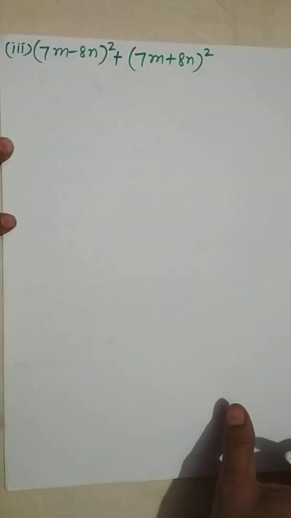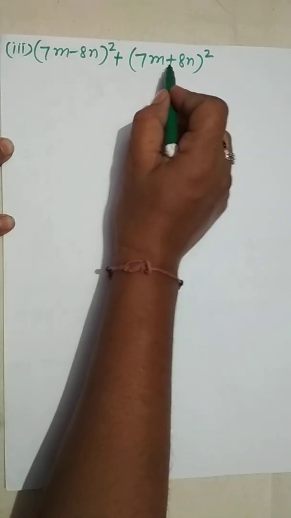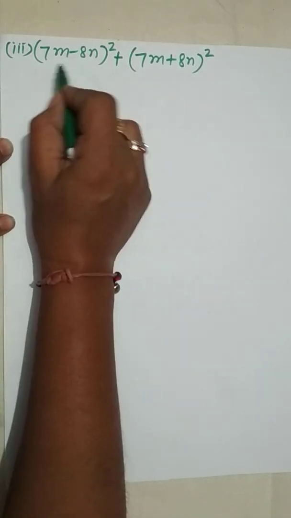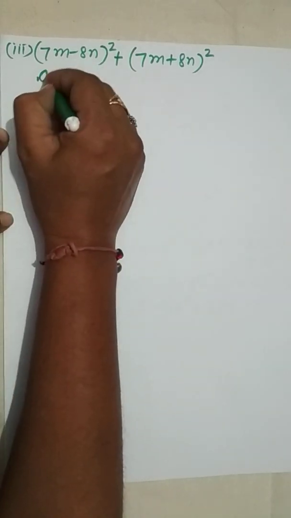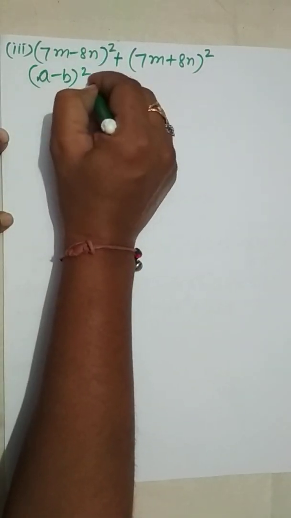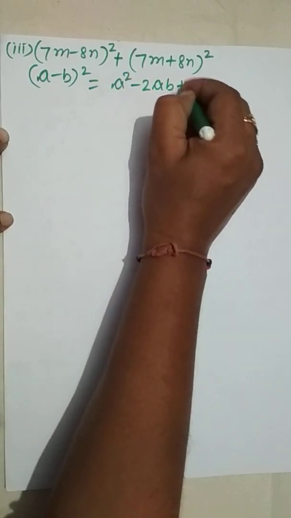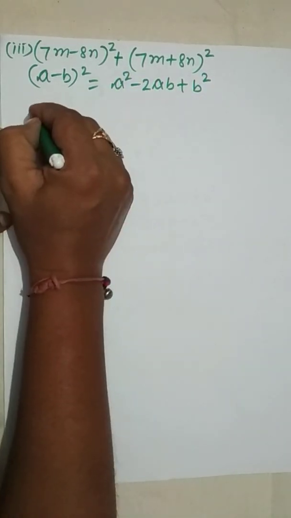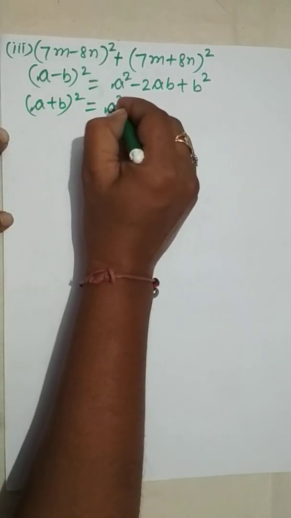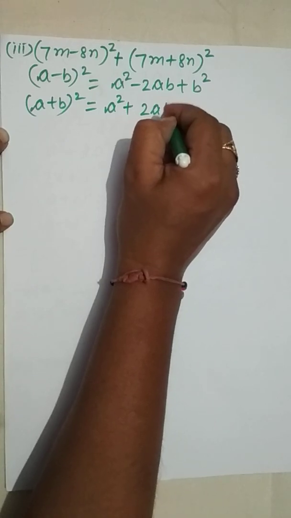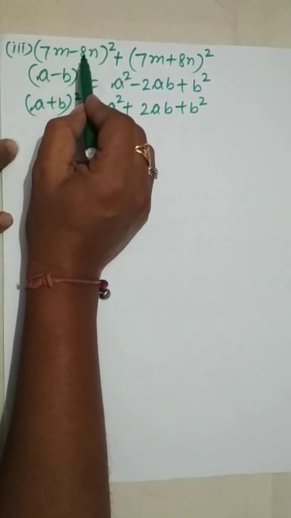Next part is (7m − 8n) whole square plus (7m + 8n) whole square. In this question again we will use both identities, that is (a − b) whole square, which is equal to a² − 2ab + b², and (a + b) whole square is equal to a² + 2ab + b². The values of a and b in both identities are same.